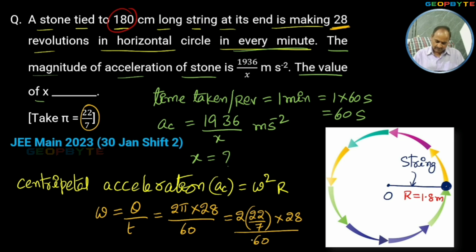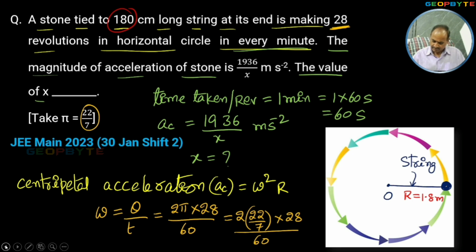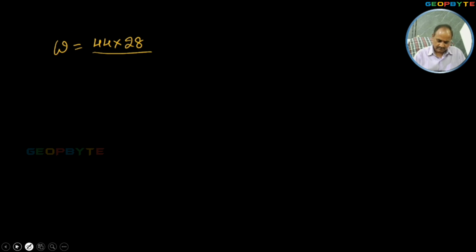Let me take another slide. Omega equals, let me write it clearly, 2 into 22, 44 into 28, divided by 7 into 60. Then centripetal acceleration a_c equals omega square r.